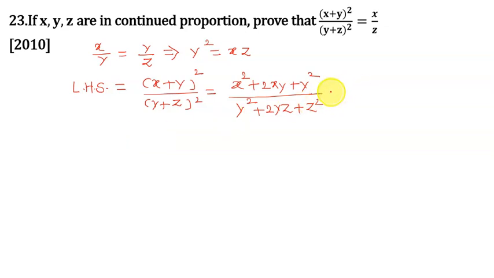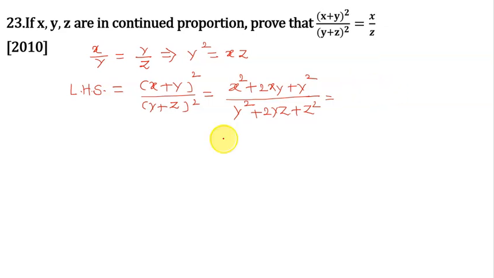Now next, substitute the value of y square. What is y square? Y square is xz. Therefore you will have x square plus 2xy plus xz, and in the denominator, y square is xz, plus 2yz plus z square.